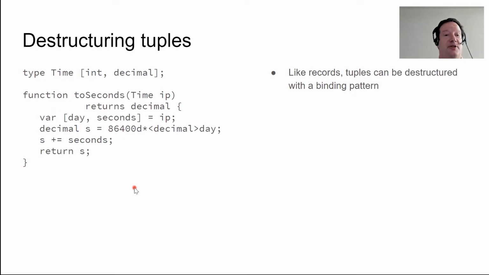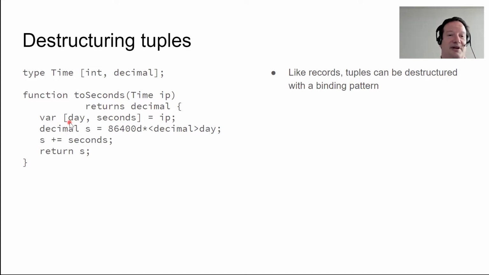And once you've got a tuple, you need to be able to get access to the members of the tuple. You can use a normal array access, but it's actually a little bit cleaner to use destructuring. So suppose I'm representing a time type by an int, so it's the days, and a decimal, the seconds from midnight. And I want to just convert that into seconds, because I don't care about leap seconds.